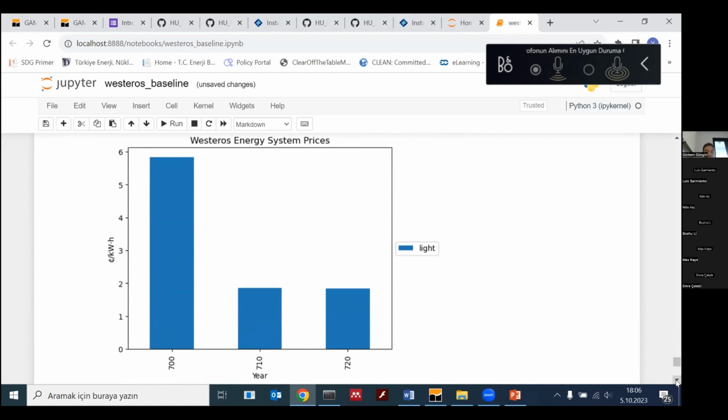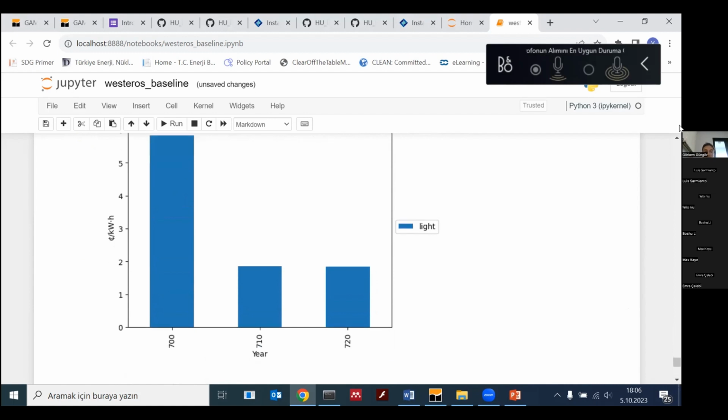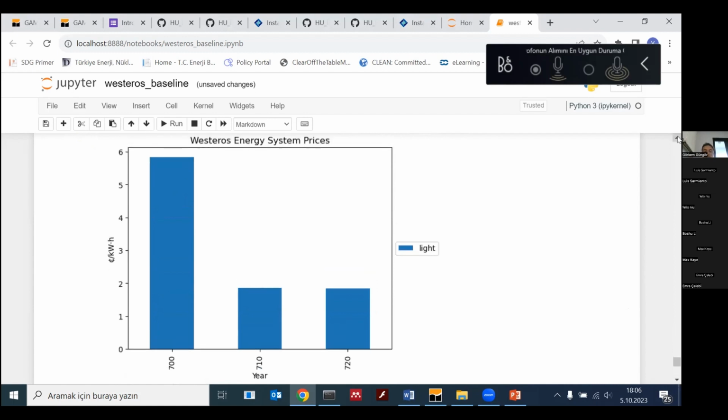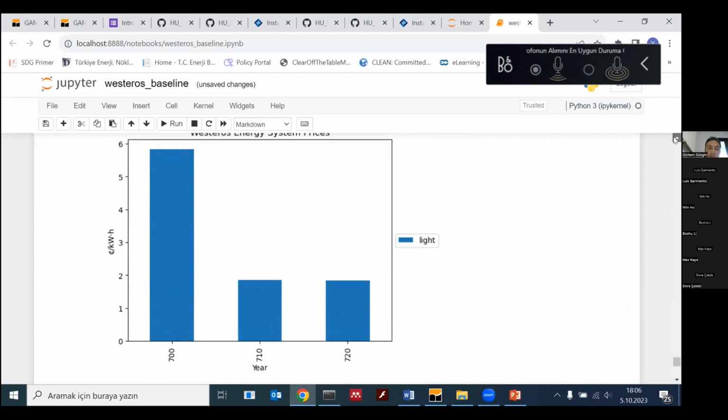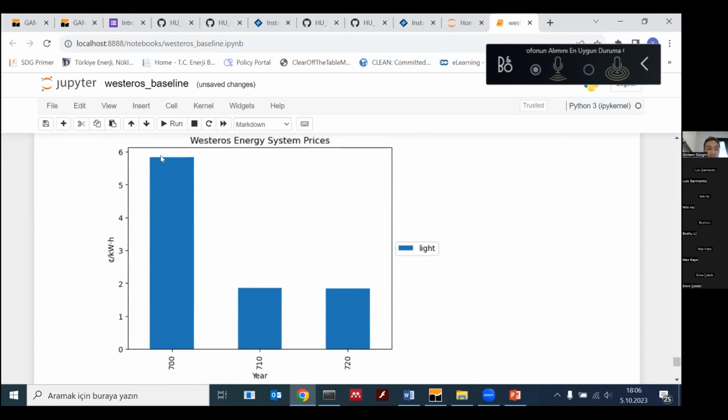And when we look at the prices, actually applying the soft constraint in the base year, we increase the energy system prices in the first model year. This is quite unreasonable, actually. This kind of price difference would not be accepted by a policymaker.